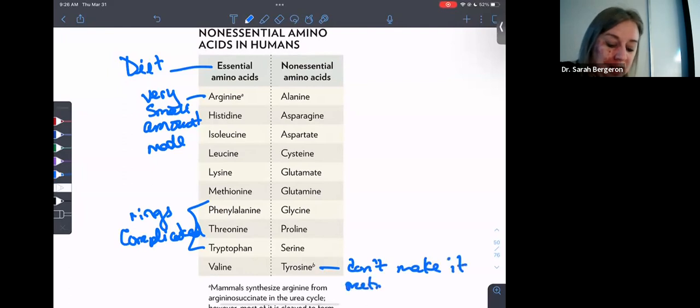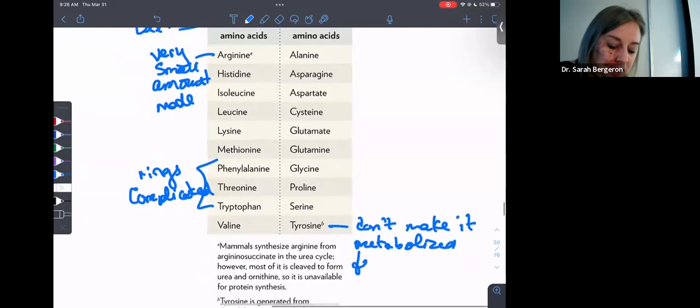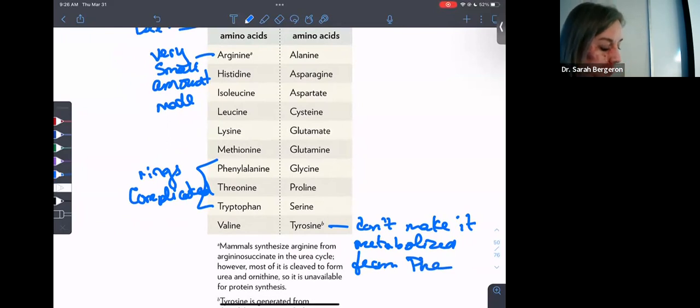It's metabolized from phenylalanine. And we're going to talk about some disorders and things like that that are really important that have to do with tyrosine, because tyrosine is a very, very, very important amino acid.